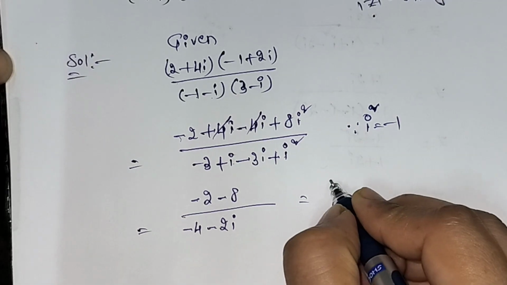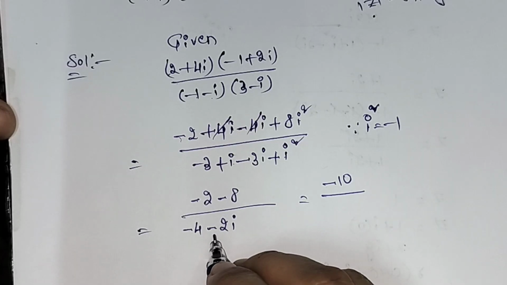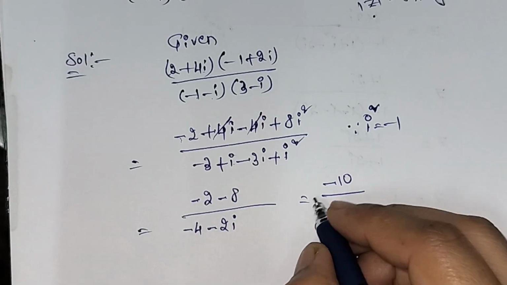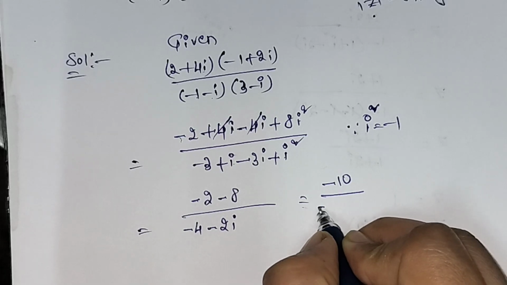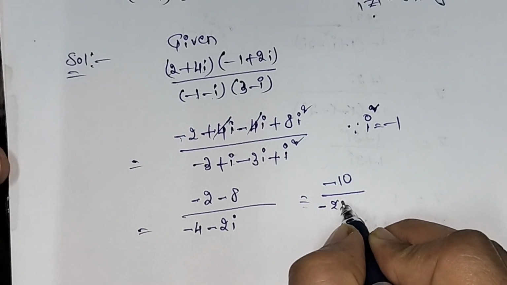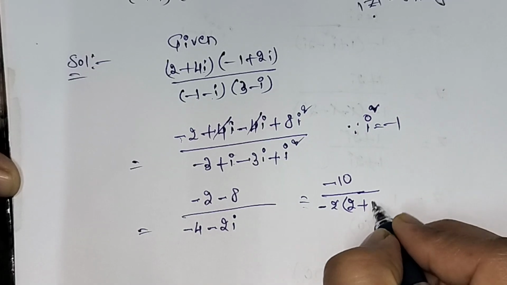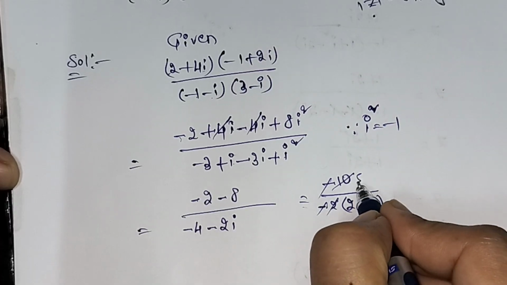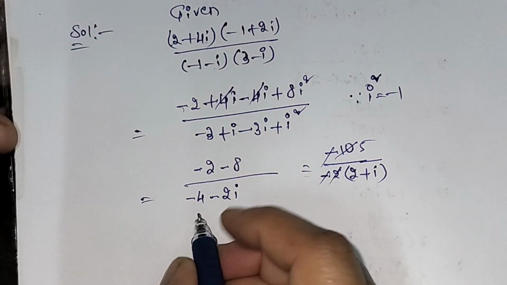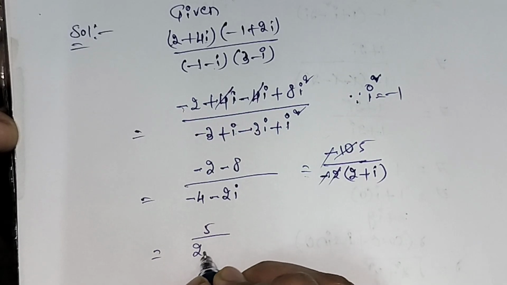That equals minus 2 minus 8, minus 10, by minus 4 minus 2i. In this I am taking minus 2 common: minus 2 of (2 plus i). Minus minus get cancelled, 2 ones are 2, 2 fives are 10. That equals 5 by (2 plus i).